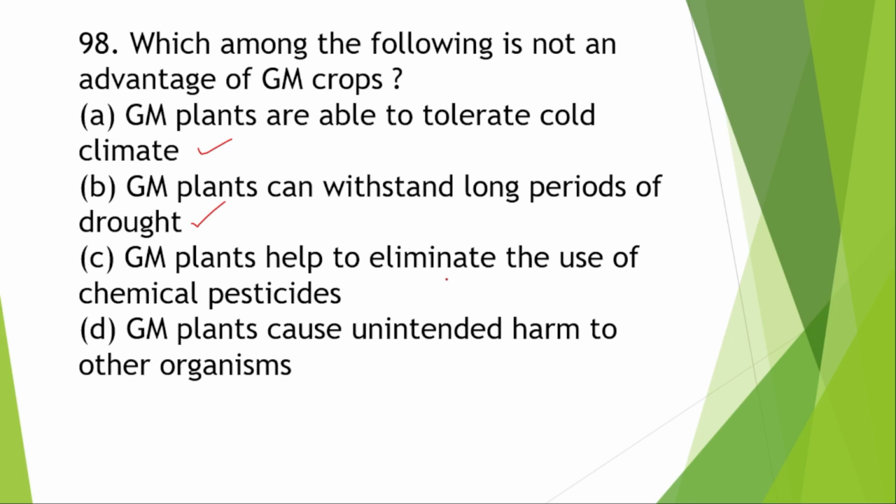GM plants help to eliminate the use of chemical pesticides. Yes, this one is also right. He is asking for not an advantage. GM plants cause unintended harm to other organisms. This is the answer, because it is considered a disadvantage.